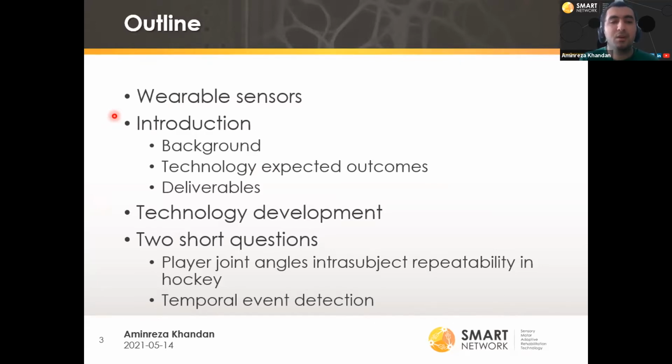Then I'm going to talk about technology development, and next, among lots of questions that can be asked and answered in this area, I'm going to answer just two short questions, from two of our conference publications. The first question is about player joint angle repeatability in hockey, and the other is about temporal event detection.